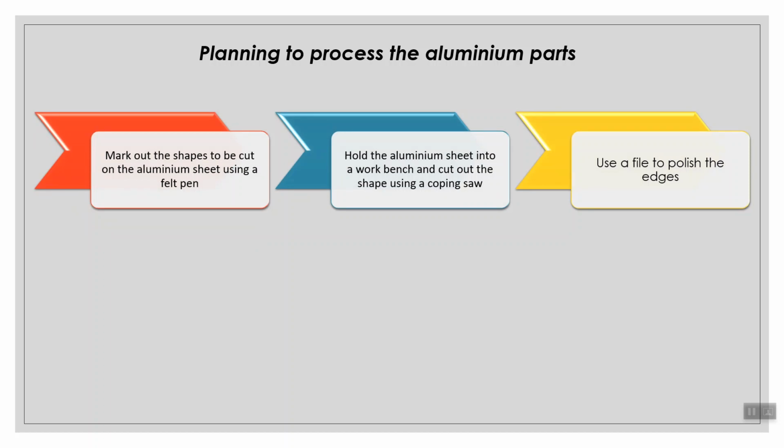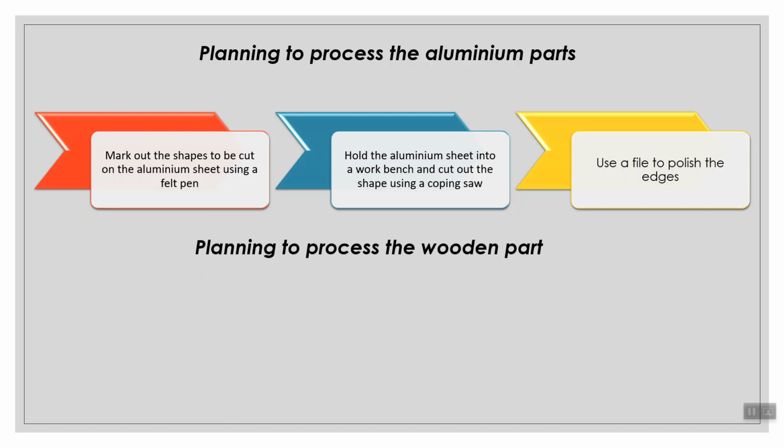Then the next step, I will hold the aluminum sheet on a workbench and cut out the shape using a coping saw. Then I will use a file to polish the edge. So I explain step by step what I will be doing in the workshop to produce my product. Okay, so you have your own design with your own tools if you want.